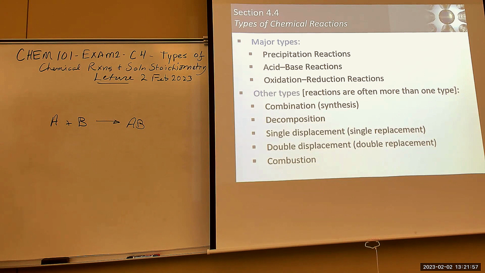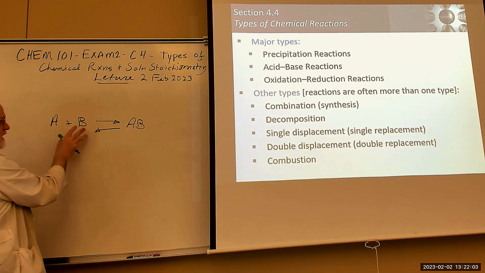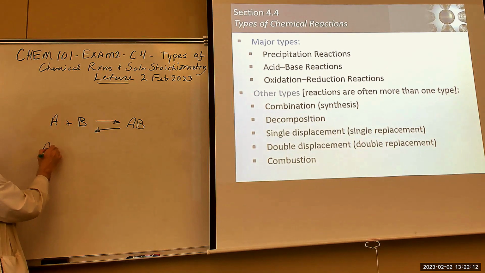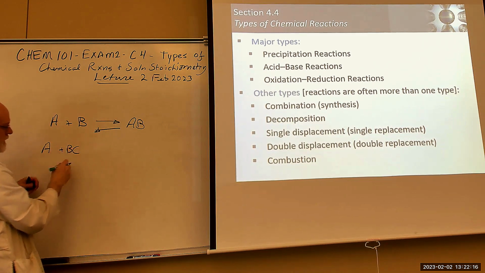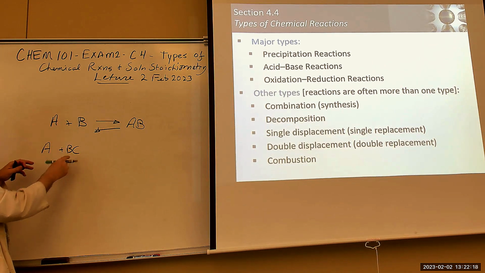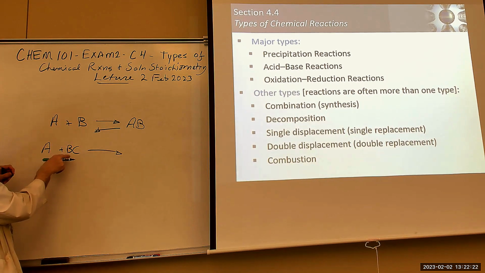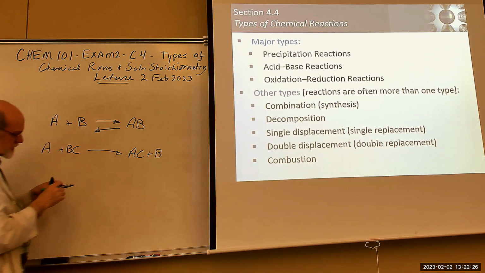A decomposition is just the other way around: you take a complex and make it simpler. A single displacement reaction: you have an element, and a compound with two ingredients, and this A replaces that B. So AC plus B. That's a single replacement.